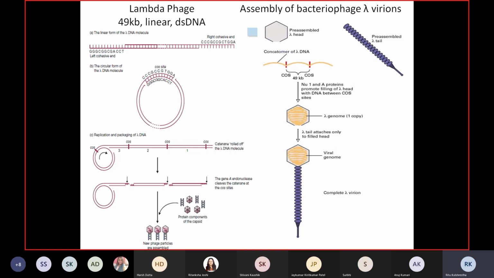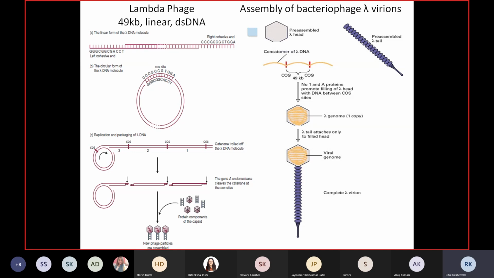Now, coming to that, how do we incorporate our gene of interest or section of DNA into this lambda genome? If you remember, our aim is to incorporate DNA, preferably of larger size.